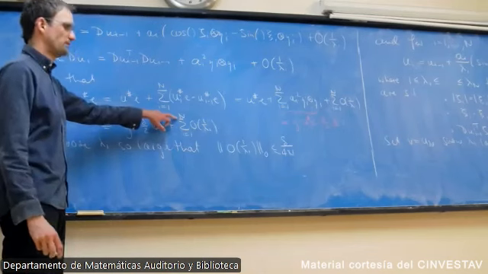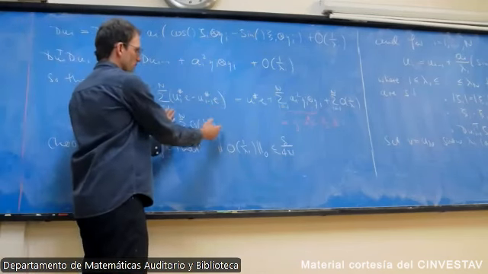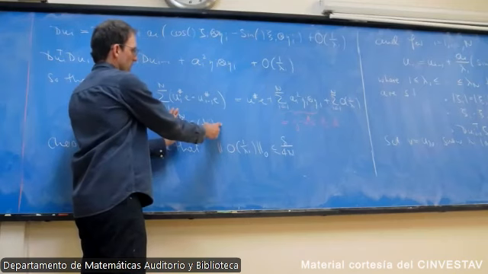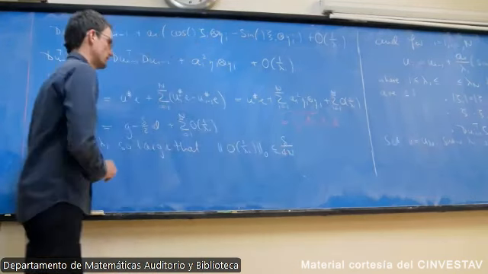N is this big number. So then if I take the supremum over this, I see less than or equal to n times delta over 4n, delta halves.